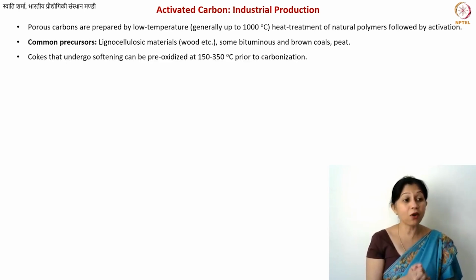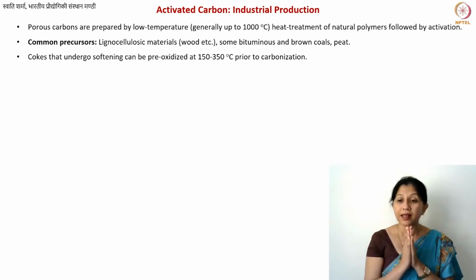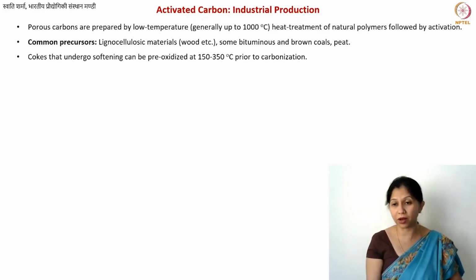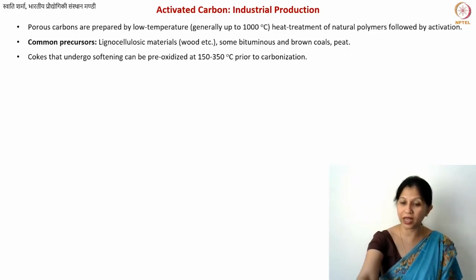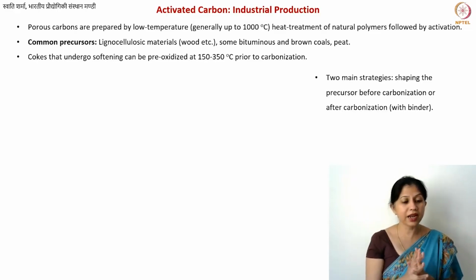You can also utilize certain cokes which do go through softening after heat treatment, but if you pre-oxidize them in the range of 150 to 350 degrees, then you may be able to prevent this softening to some extent. Although rarely used, they can also be used for the formation of activated carbon.